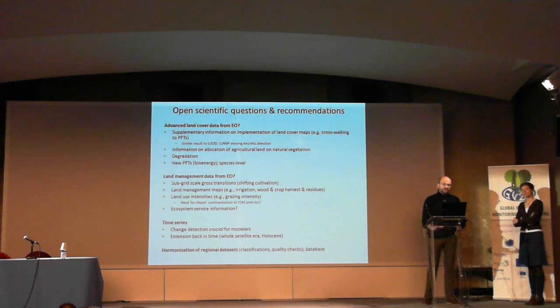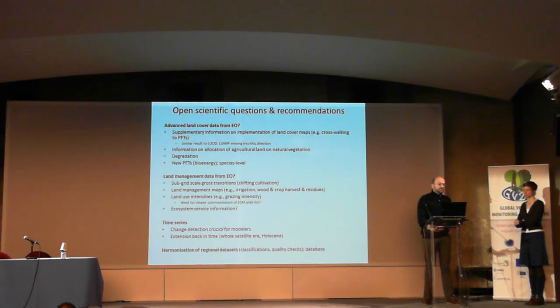Of course, it will not be made with MERIS data, probably with AVHRR data, but this is going to happen in the next few years. We will have a longer time series for land cover at a global scale.